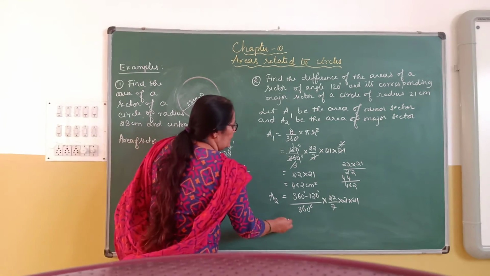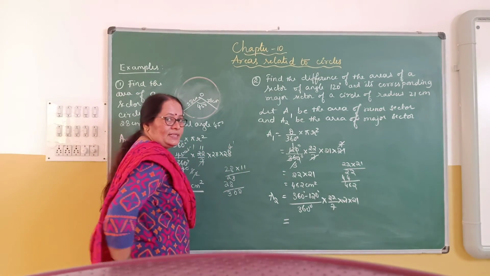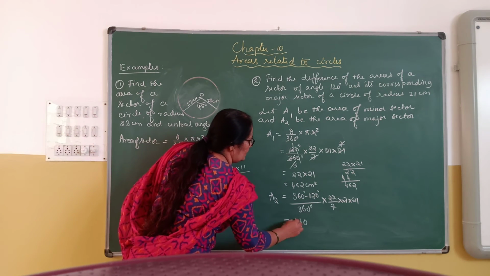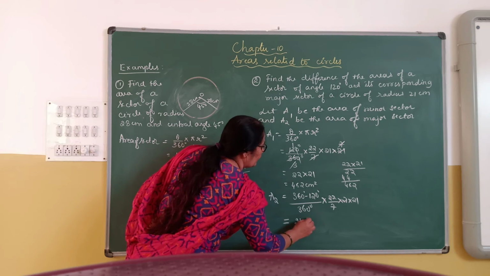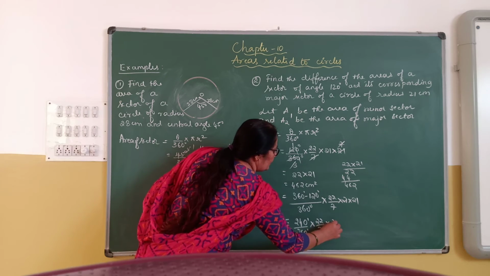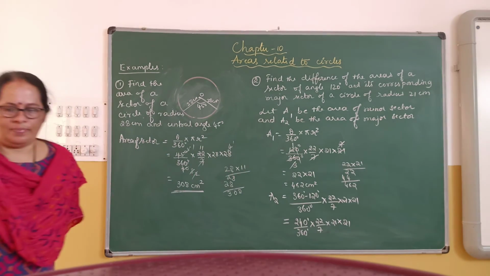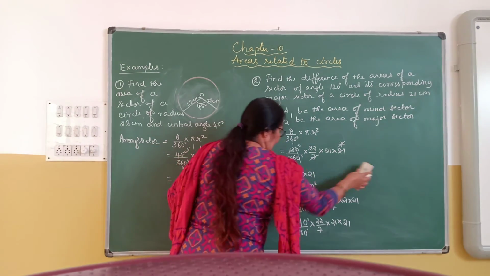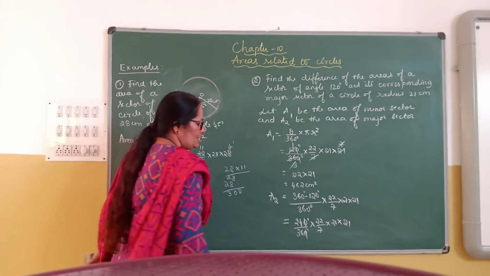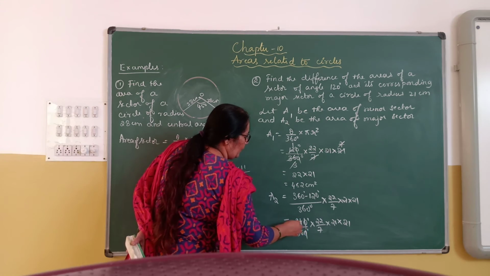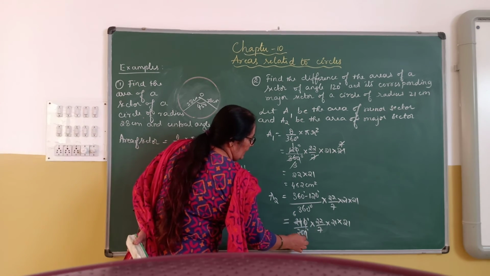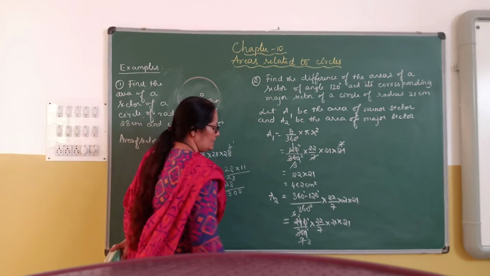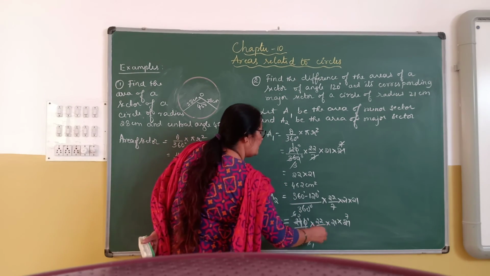Once again simplify. 360 minus 120 is 240, so 24 by 36. 0, 0 cancel. 4 6s are 24, 4 9s are 36, then 3 2s are 6, 3 3s are 9. 3 1s are 3, 3 7s are 21, 7 cancels.